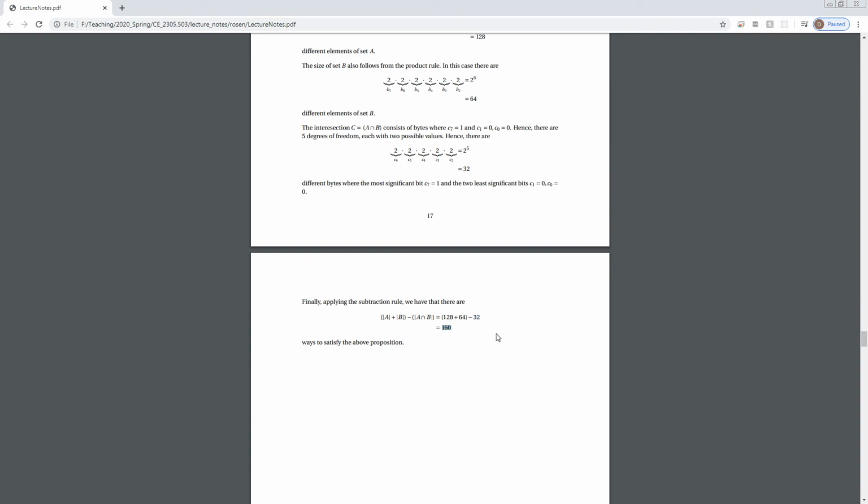And so we end up with a total of 160 distinct bytes in which either the first bit is set or the two least significant bits are set. Again, it's the addition rule, but cleaned up so that we're only considering distinct solutions. And so that is the subtraction rule.